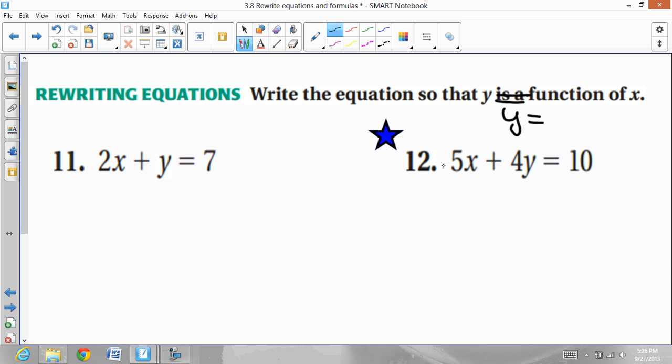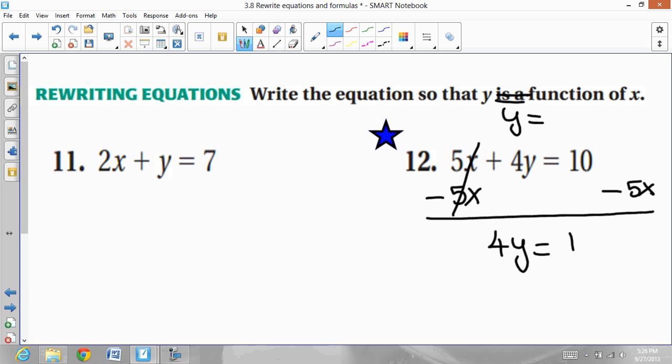So 5x, you take it as positive. The opposite of positive 5x will be negative 5x on the left. And on the right, you need to write it on the side because you cannot write it below the 10 because they are totally different terms. Now you put a line. 5x and negative 5x cancel out, and you are just ending up with 4y equals 10 minus 5x.